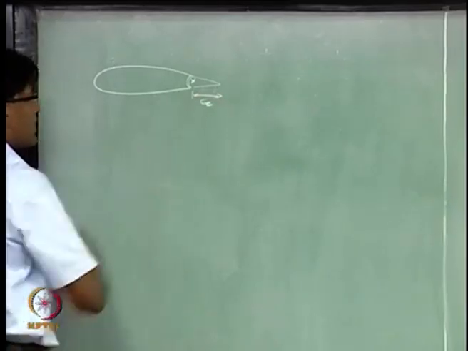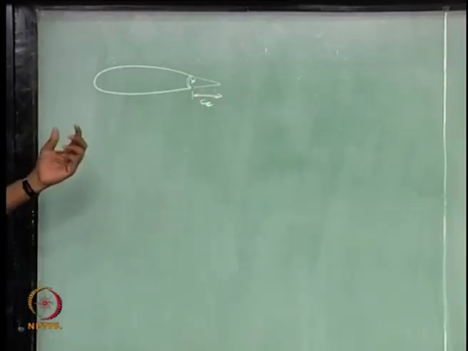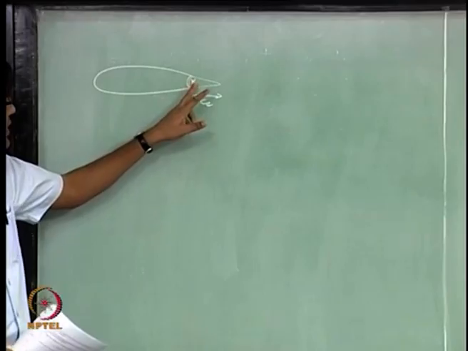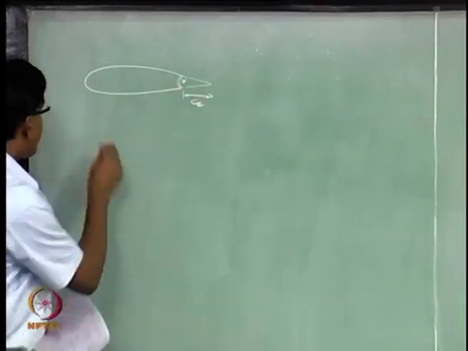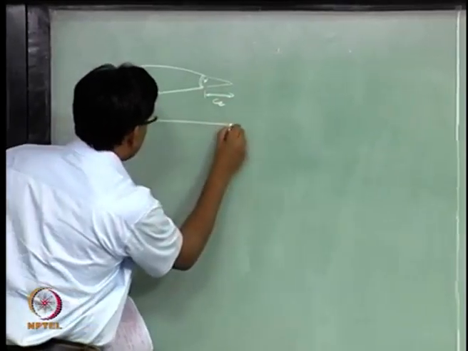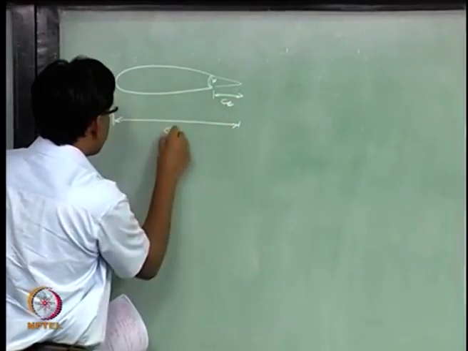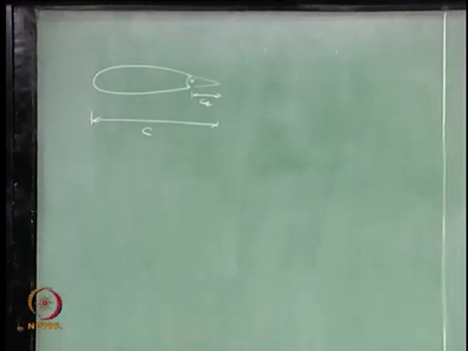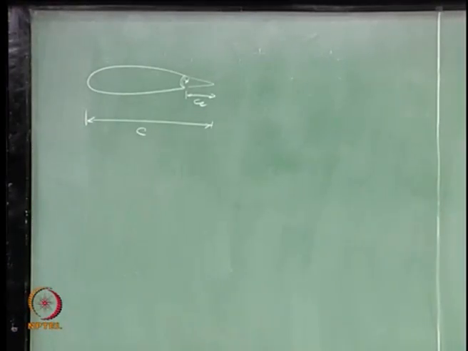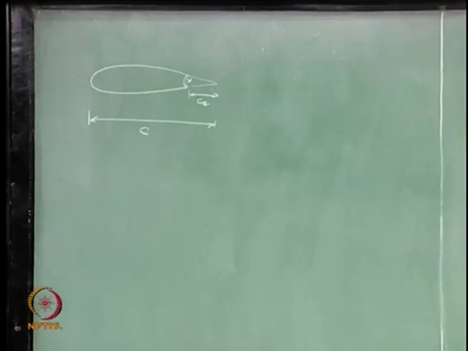So, let us say this is some chord length, okay, which is measured from the hinge line, and this C is the chord length of this tail or any surface, actually any control surface, because we will have to also repeat similar things for rudder or aileron, whatever we are talking about here.